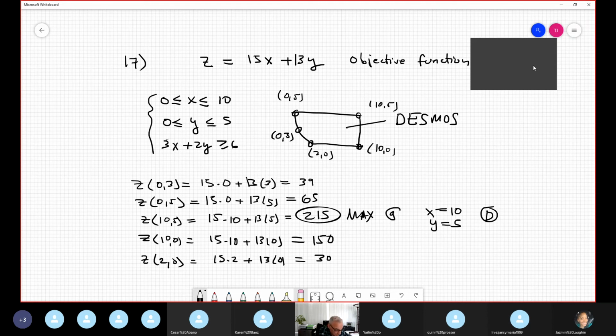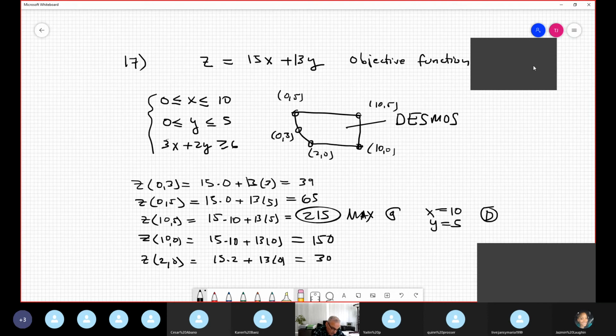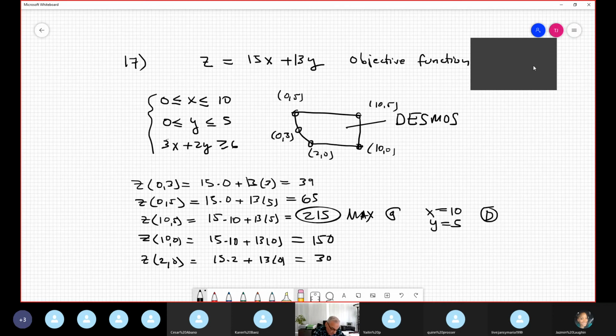Any questions? Do you understand the basic idea of linear programming? It's easy. Okay, let me summarize the idea quickly. Basically you focus your attention on the inequalities, which are the constraints, you solve these inequalities and you determine that region.